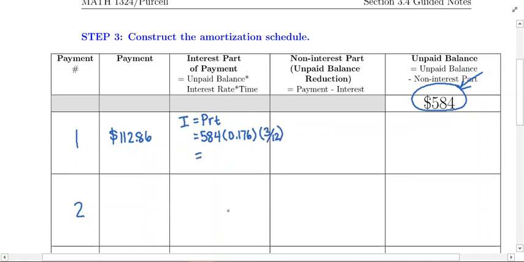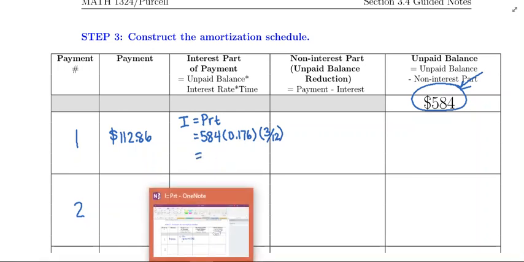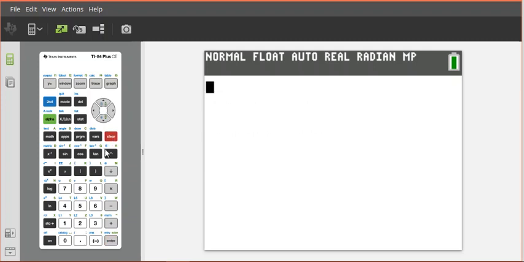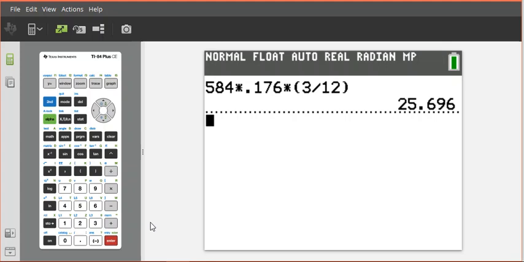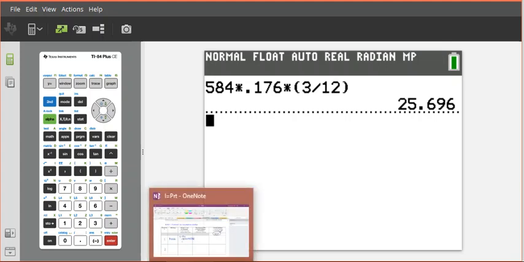You would put this in the calculator. I'm only going to do this once for you. So you would do 584 times 0.176 times 3 months out of 12. This is going to give us the amount of interest that has accrued during this 3-month period. We're going to have to round this to the nearest cent.